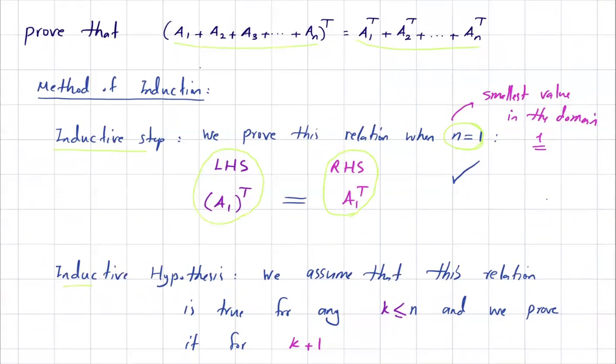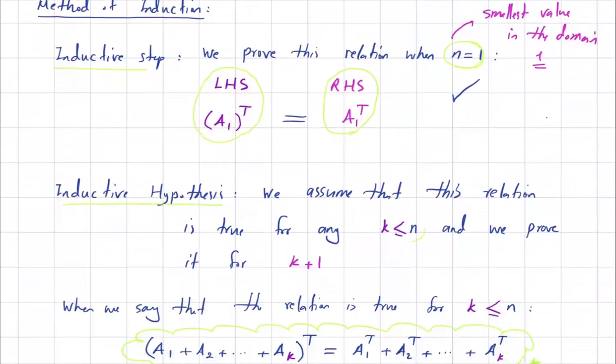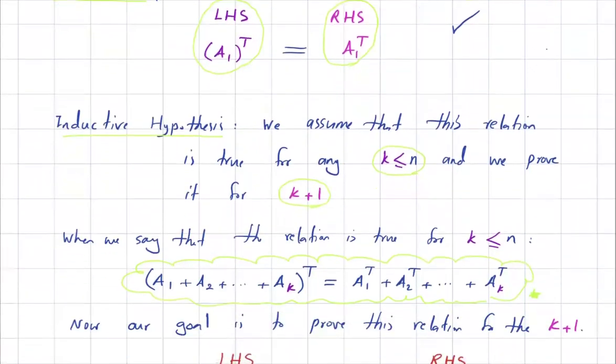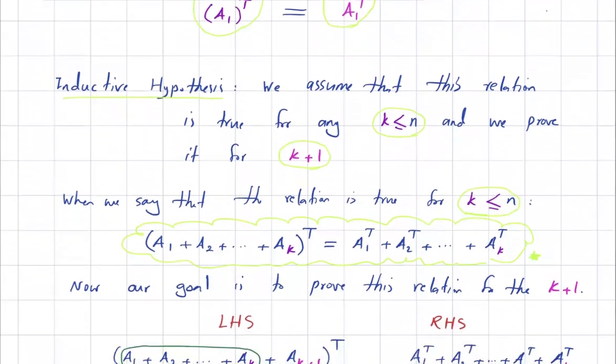Now let us move on to the inductive hypothesis. In the inductive hypothesis, we assume this relation is true for any k less than or equal to n. And your goal is to show that it is true for k plus 1, one step ahead. When we say that the relation is true for k less than or equal to n, it means that the summation of the matrices and taking the transpose is equal to the summation of their transpose.